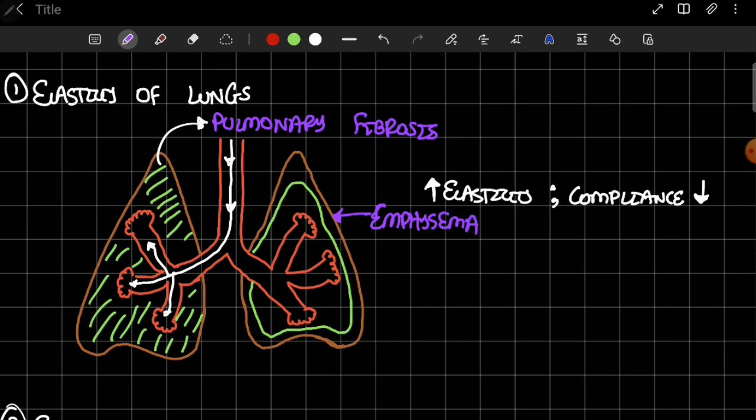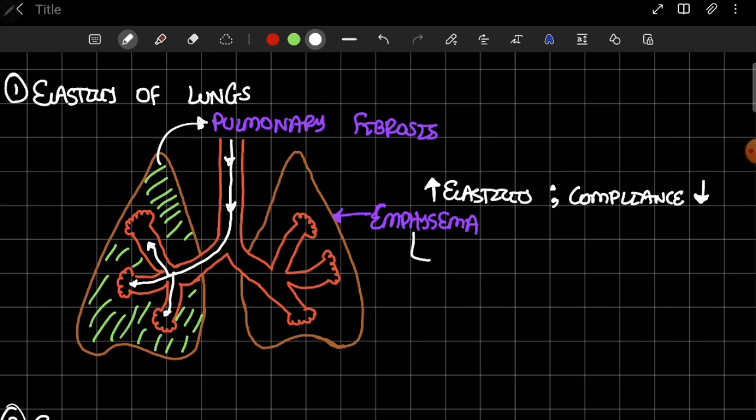What does emphysema mean? In emphysema, the air comes, smoke particles adhere here, and this layer of the visceral pleura is destroyed. So what happens? Basically the lungs can be expanded at the minimum. They are not able to recoil so fast. It can expand minimally, maximally.